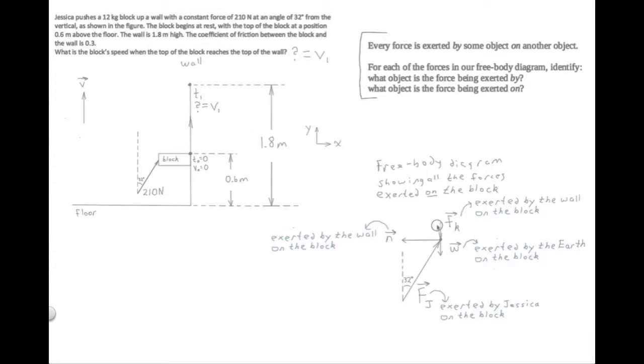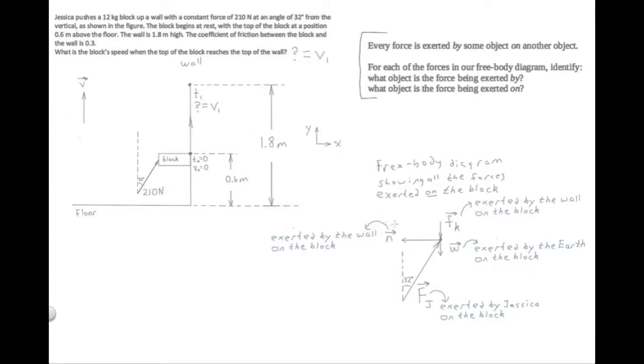All the remaining forces are being exerted by objects that are touching the block. So Jessica's applied force is the force being exerted by Jessica on the block. The normal force is the force being exerted by the wall on the block. And the frictional force is a second force being exerted by the wall on the block. So notice that surfaces can exert two forces.